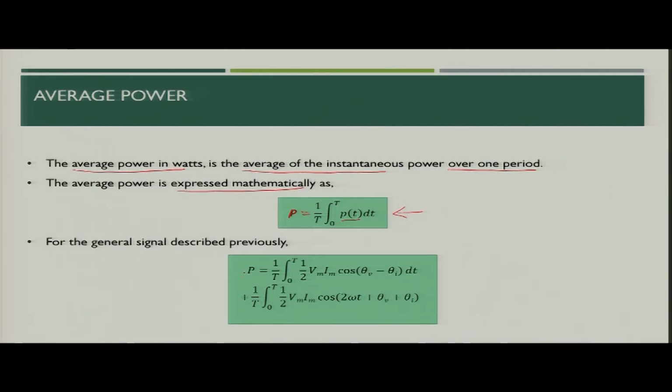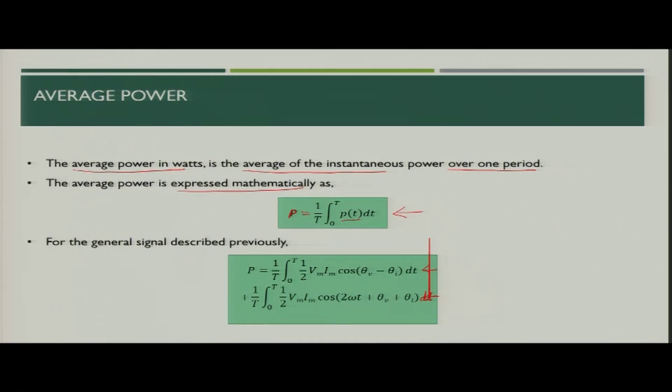So, we will use the same term for p(t) here. We can write average power is nothing but 1 over T integral from 0 to T of 1 by 2 Vm Im cos(theta v minus theta I) dt, that is for the constant term, and then similarly we can write 1 by T integral from 0 to T of 1 by 2 Vm Im cos(2 omega t plus theta v plus theta I) dt.